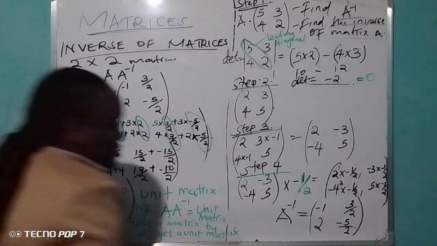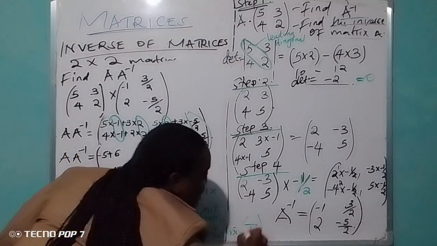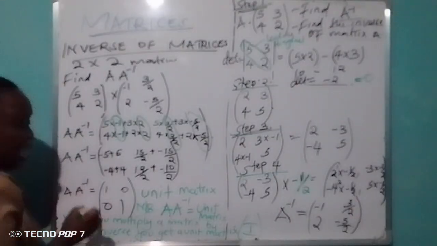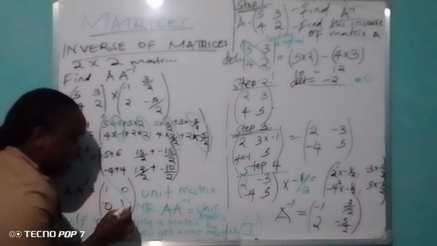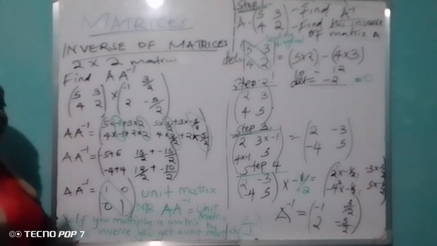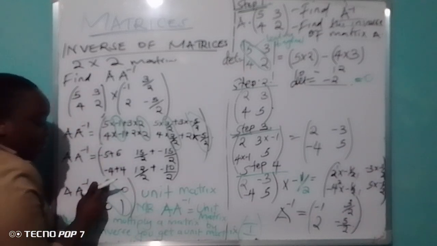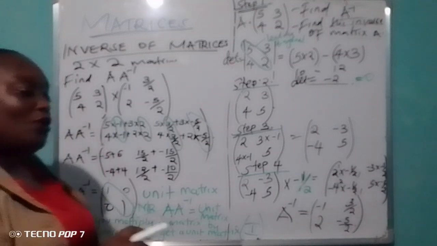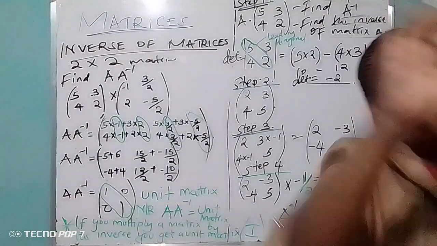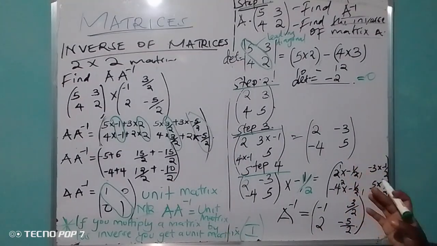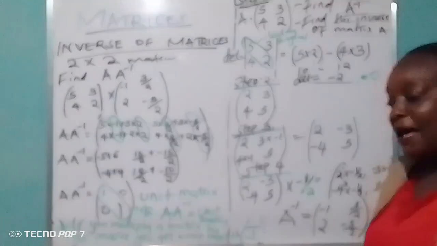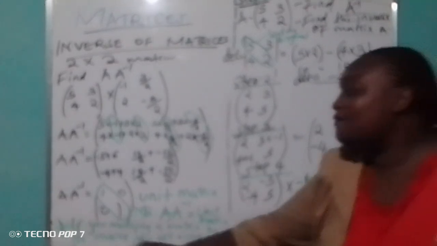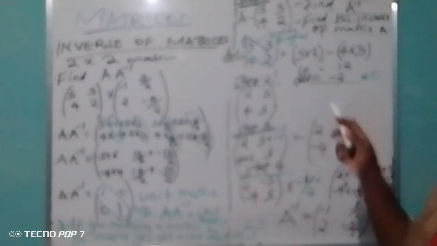You get a unit matrix denoted as I. A unit matrix ni the diagonals, the leading diagonal is 1. So the elements in the leading diagonal is 1 and the other element is 0. Yeah? So when you multiply a matrix times its inverse, it will give you a unit matrix I.